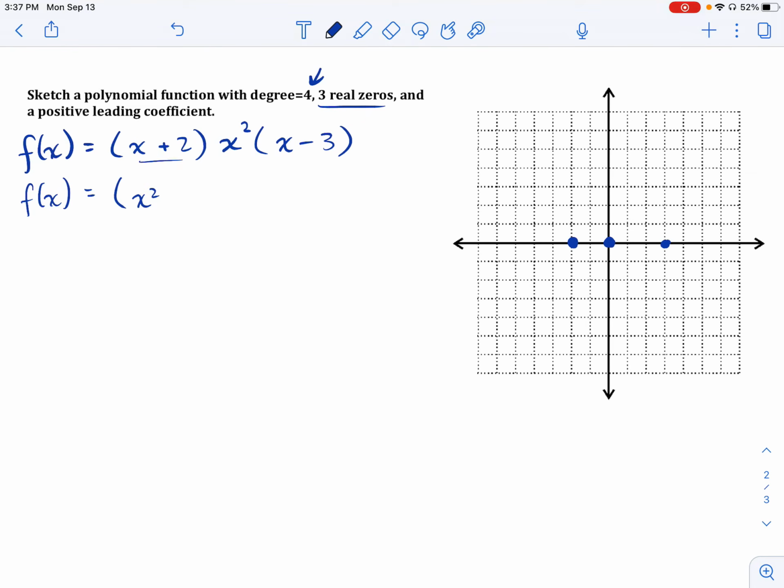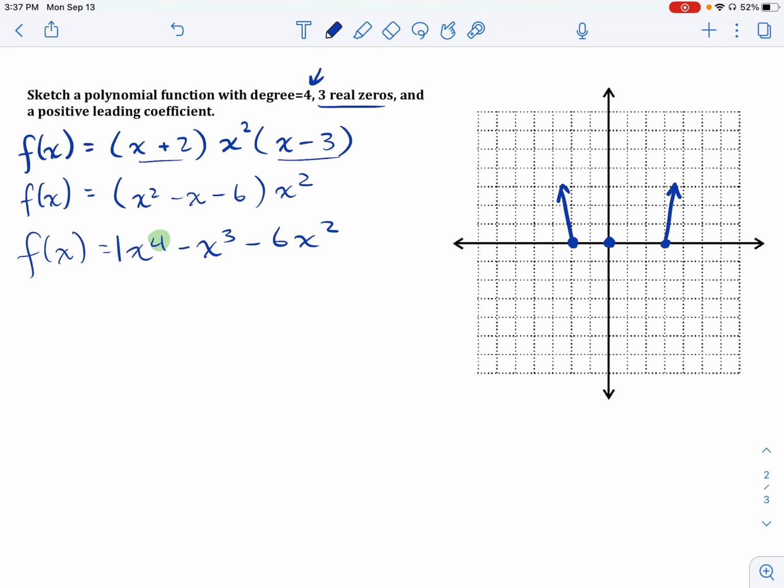I'm going to multiply x plus 2 times x minus 3. So that's x squared minus x minus 6, times x squared. So our function is x to the 4th minus x cubed minus 6x squared. So my degree is indeed 4. My leading coefficient is positive 1. So that means both ends of my graph need to be going up, since it's an even degree function.